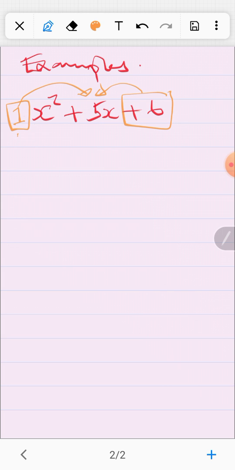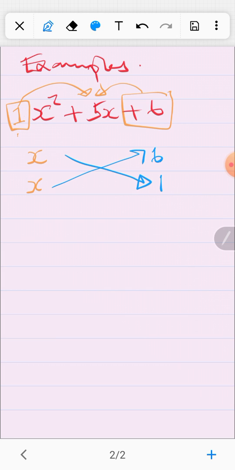Now I know that 1x squared is the same as x times x, right? And I also know that 6 can be written as 6 times 1. Once I have the factors, I ask myself, what combinations of these factors can give me 5?